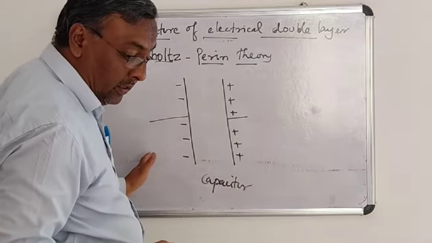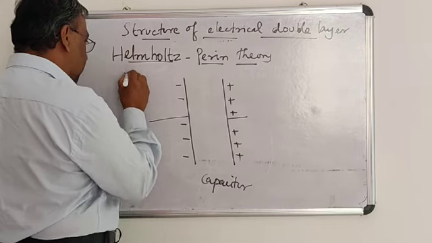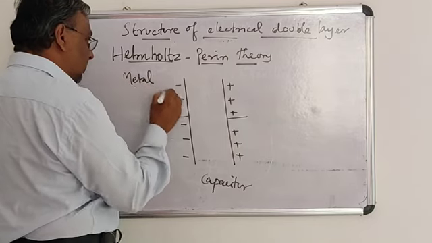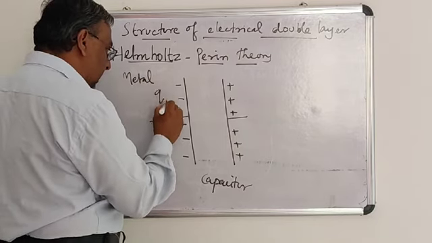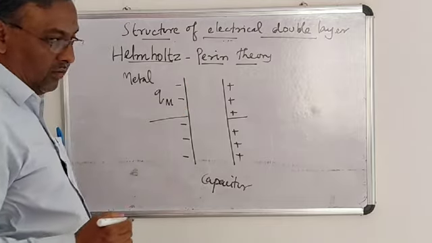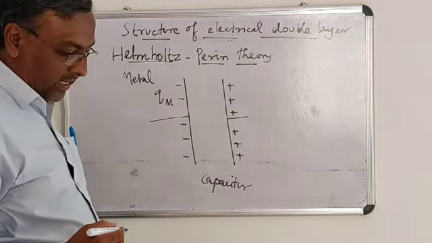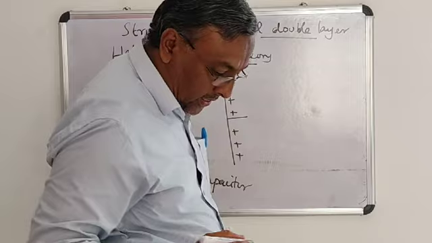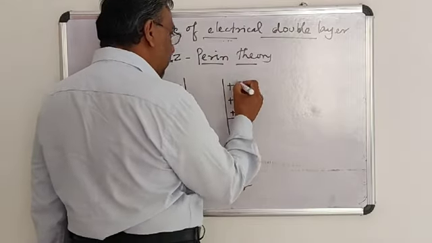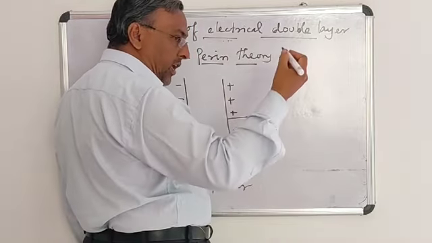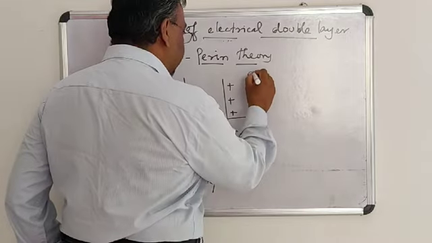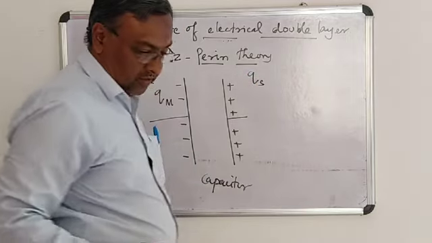This is the metal. The charge density over the metal surface is taken as Qm, and the charge density over the solution is taken as Qs.